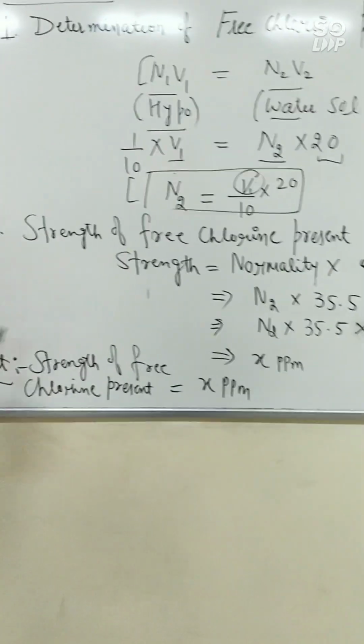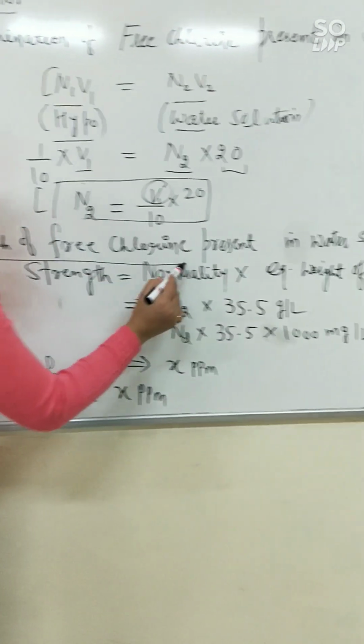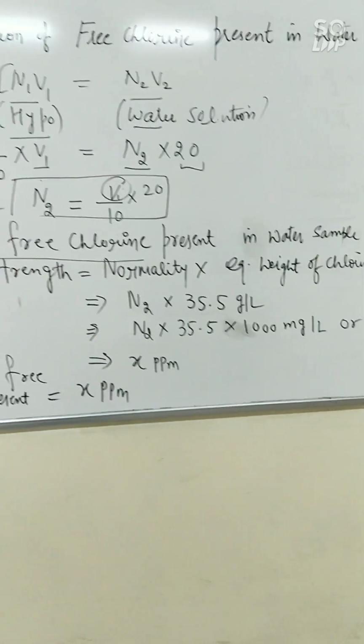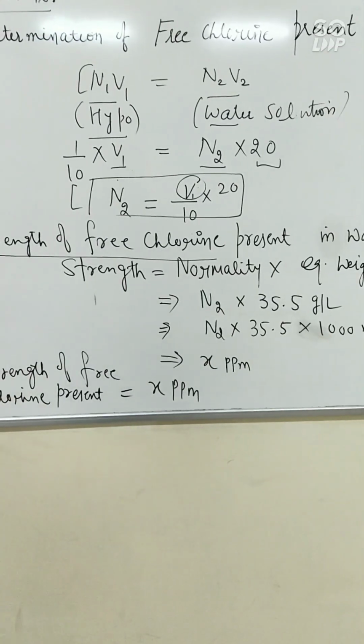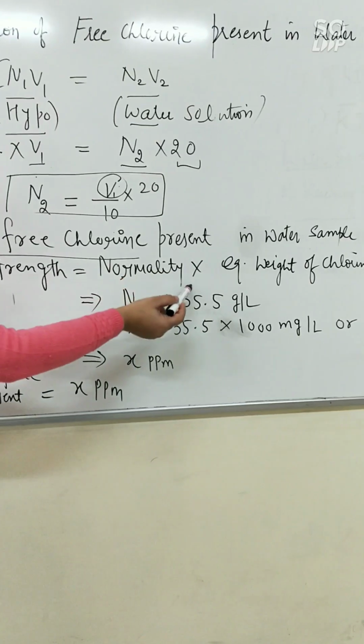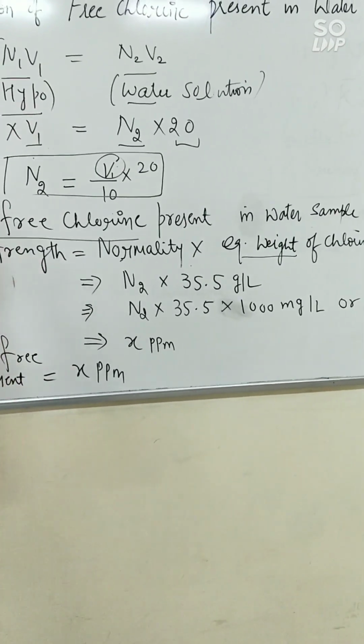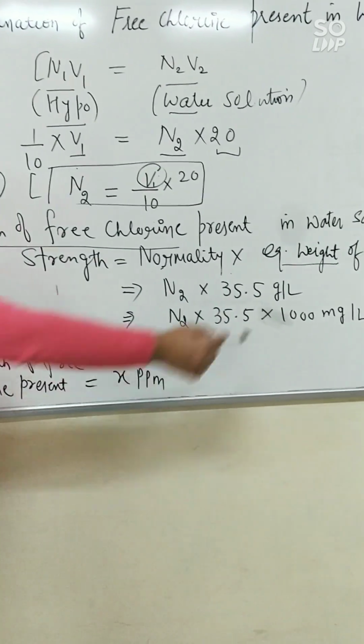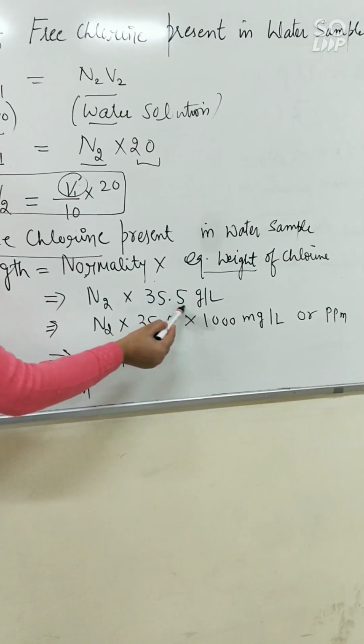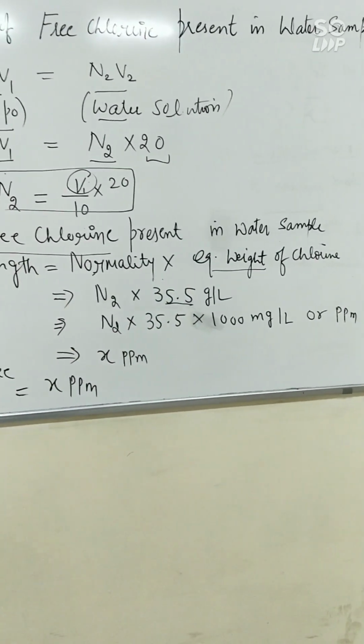Next, we will calculate the strength of free chlorine present in the water sample. What is the formula to calculate strength? Normality into equivalent weight of chlorine. We will calculate normality from this equation, and the equivalent weight of chlorine is 35.5 grams per liter.